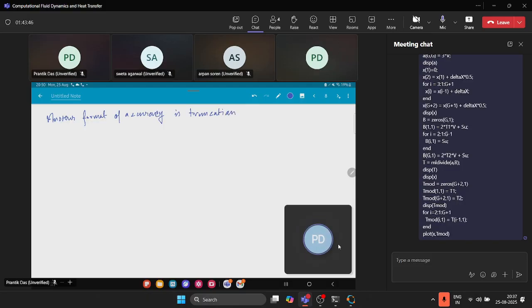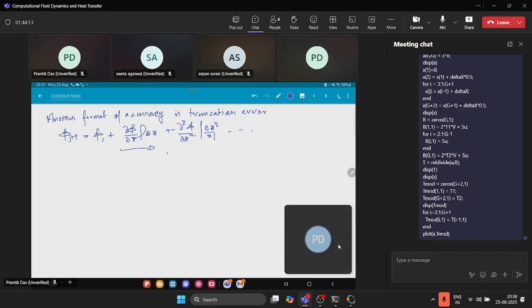So I hope Arpan, you remember what you mean by truncation error? So phi j plus 1 is basically equal to phi j, plus d phi dx times delta x, plus d square phi dx square times delta x square by 2 factorial, and so on. So these errors are basically called the truncation errors. For example, if I want to find out the phi j plus 1 from phi j itself.